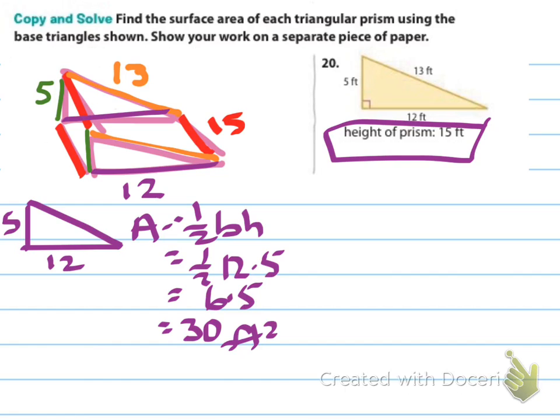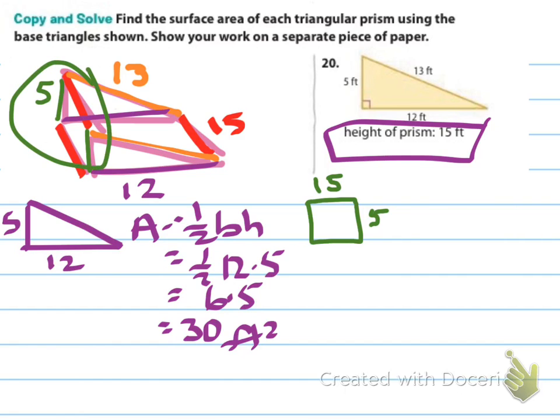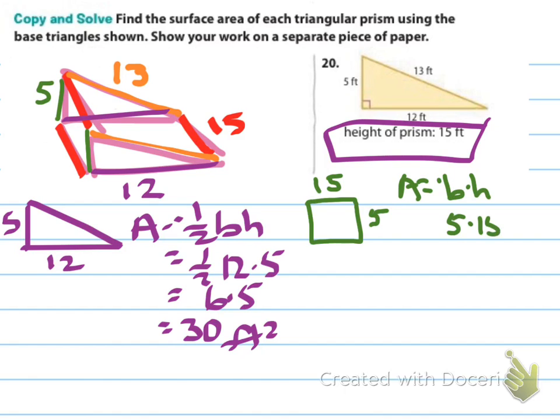We'll come back to that. Then for my small rectangle, I've got 15 by 5, because if I'm looking at these dimensions right here, I've got my 5 and my 15. Area equals base times height, which is 5 times 15, which is 75 feet squared.